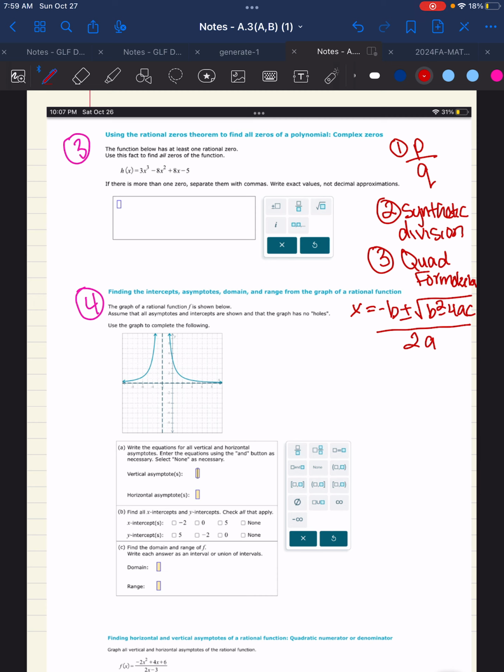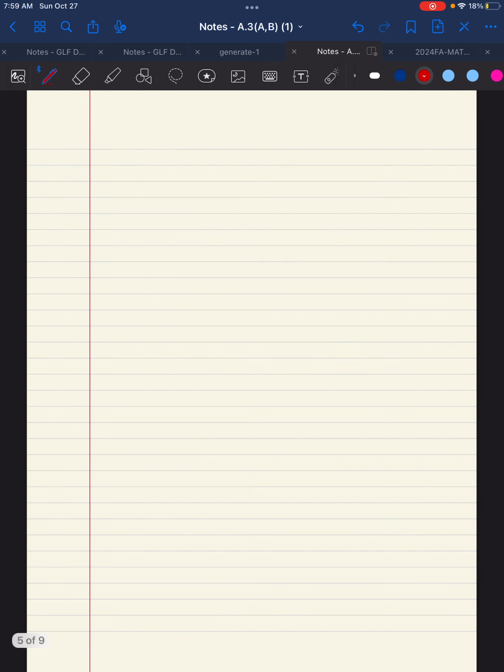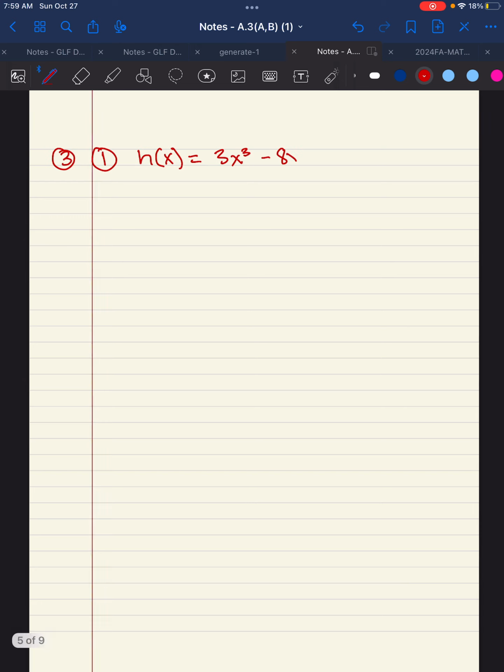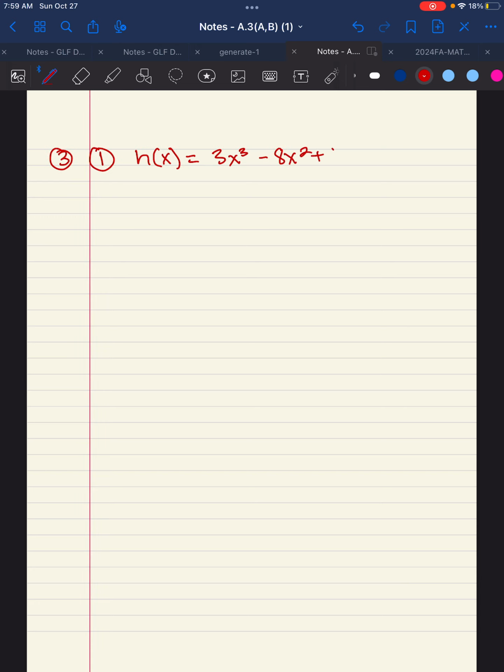So I'm going to go to a separate sheet of paper just because we know from class this is going to get lengthy. So here we go. This is number 3. Step 1. The problem is h of x equals 3x cubed minus 8x squared plus 8x minus 5.